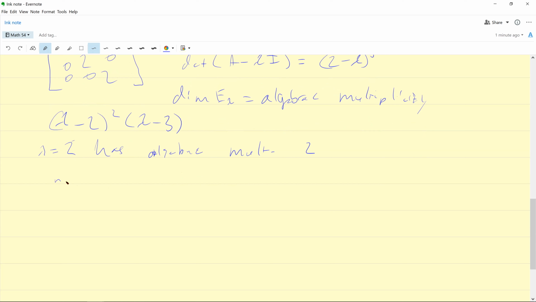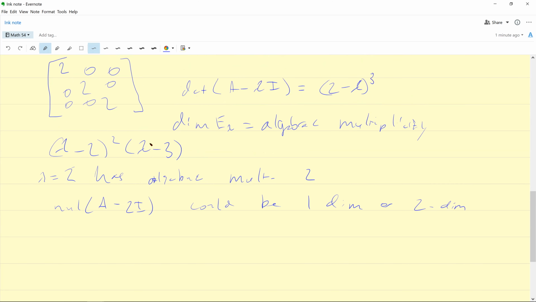When you actually do this computation, null(A minus 2I), this null space could be one-dimensional or two-dimensional. With the characteristic polynomial, you use all the information in the matrix to find the polynomial, but you don't use too much about the matrix in terms of actually computing the null space or column space.